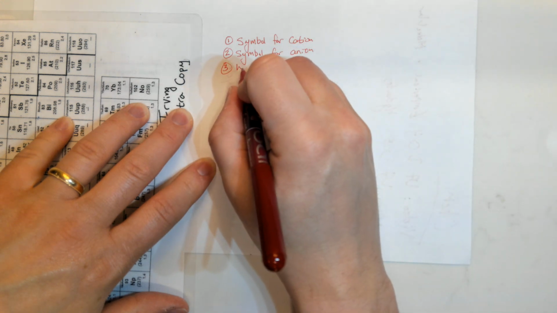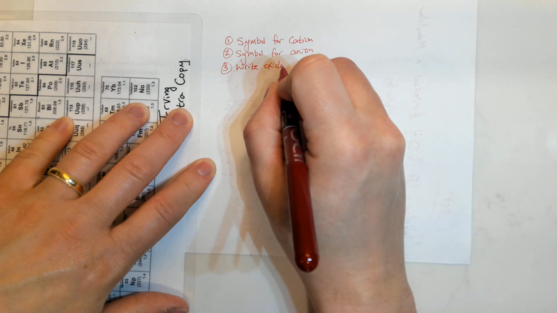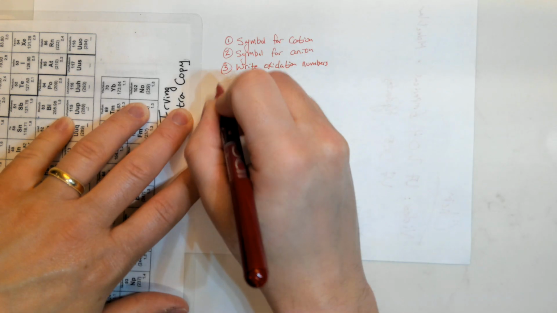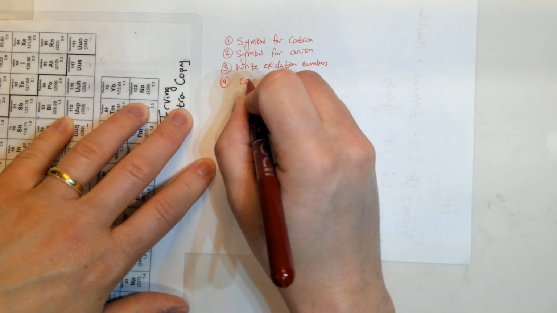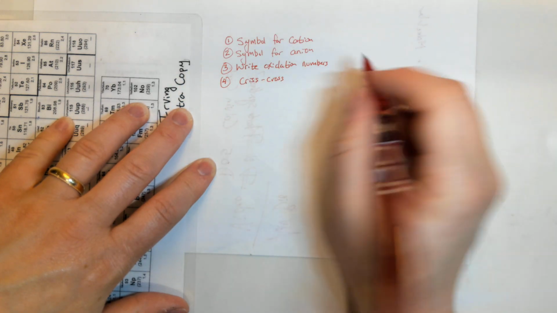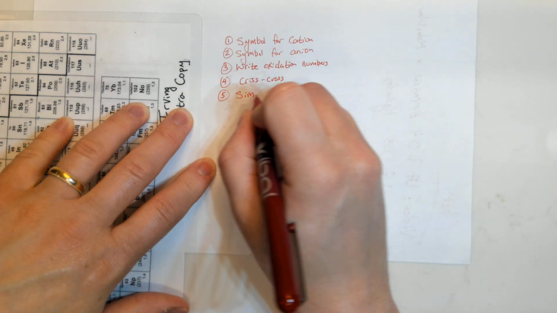We're going to write the oxidation numbers. And then we're going to crisscross. Lastly, simplify if we need to.